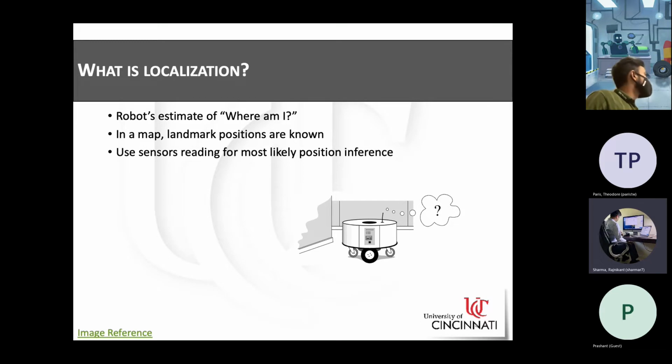The robot finds out its estimated position. In our case, we'll be given the landmark positions in the map, and the robot gets sensor readings from them, and we'll use these for localization. So we'll have the landmark positions and the sensor data, and we'll find the estimated position.